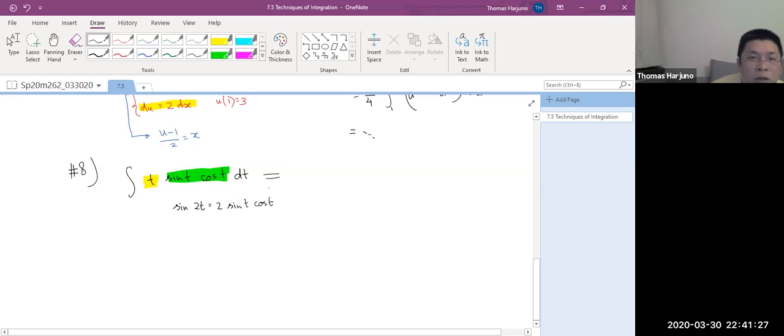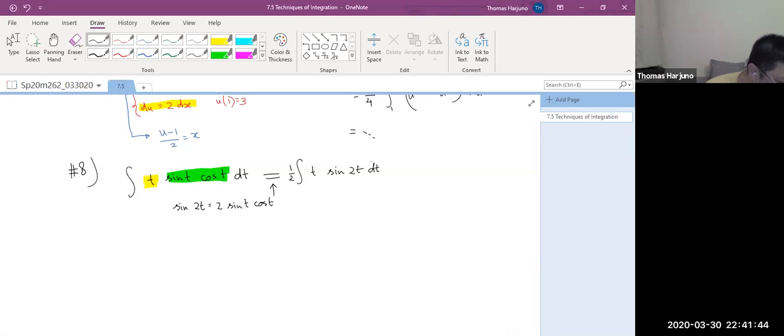So I can use that information to make it 1/2 integral of t sine 2t dt. Then from there, I will apply integration by parts.